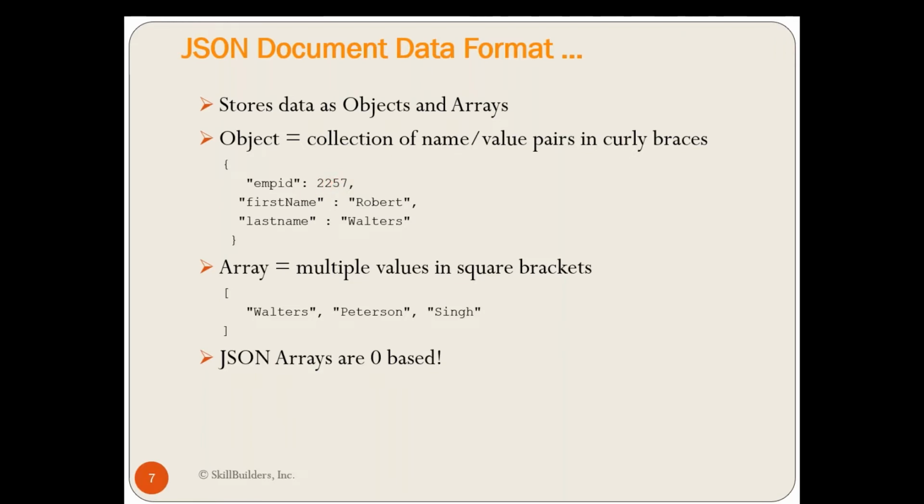So JSON values that are supported are strings in double quotes, numbers, either integer or floating point, Booleans that are true or false, the keyword null, or here's where all the sophistication comes in. A value in a name value pair can be not just a single value, but it can be an array, a whole bunch of values. Not only can it be a single value or an array, a value can be another object.